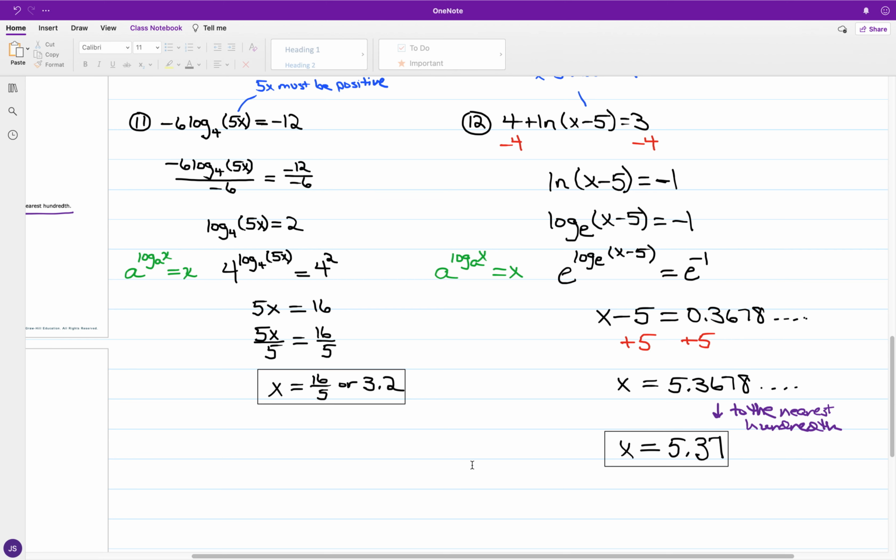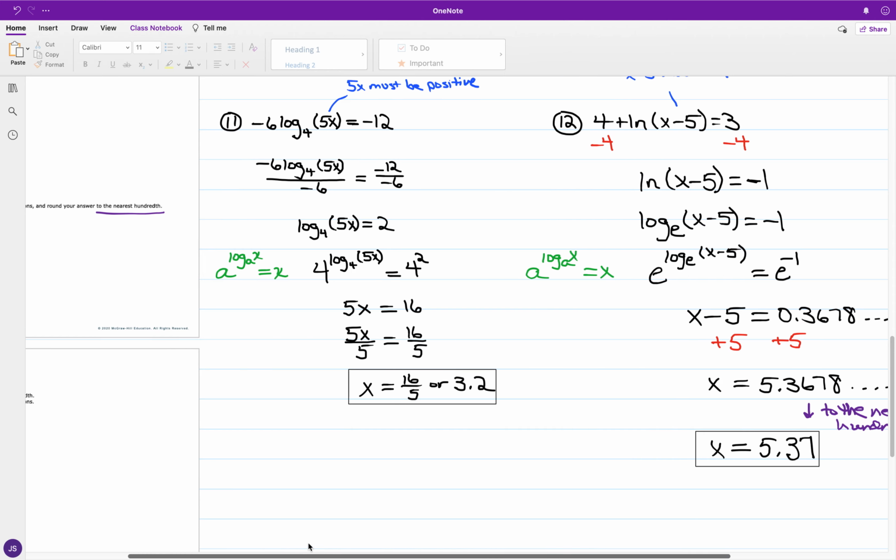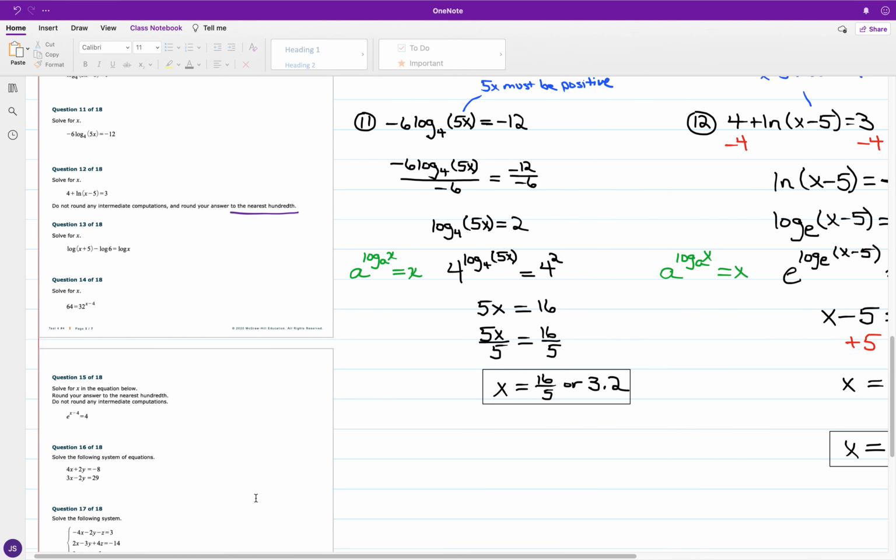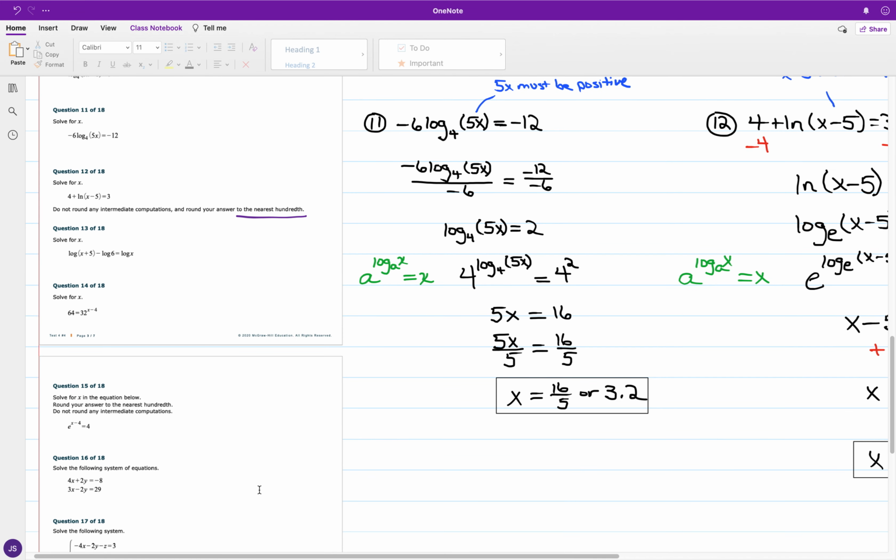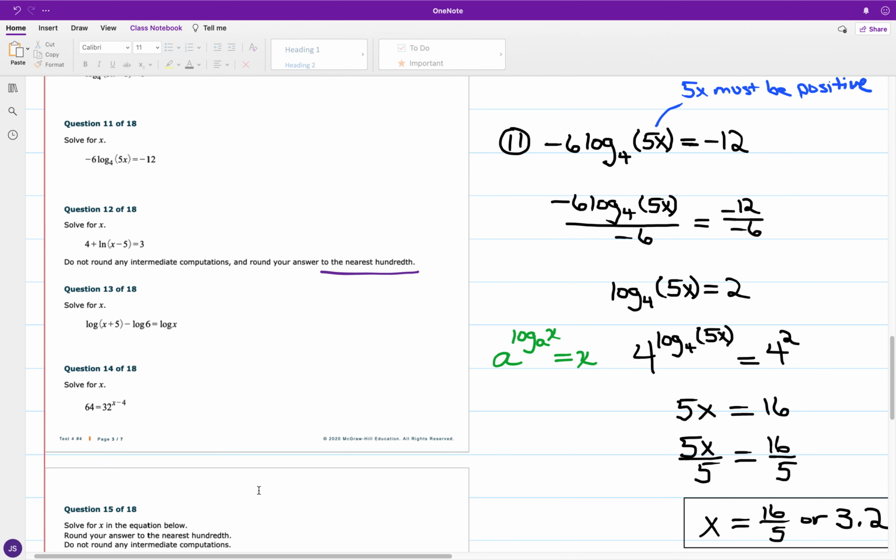Okay. Now, in the case of our other problems regarding logarithms, here we have number 13.